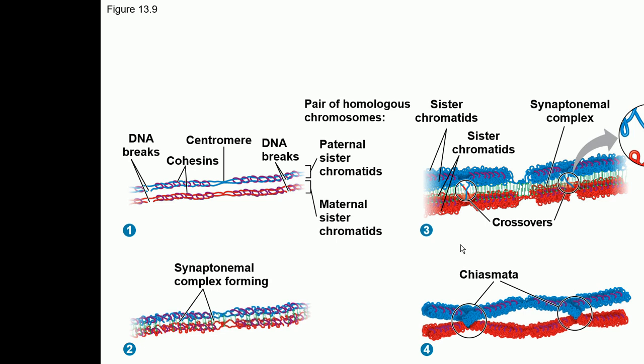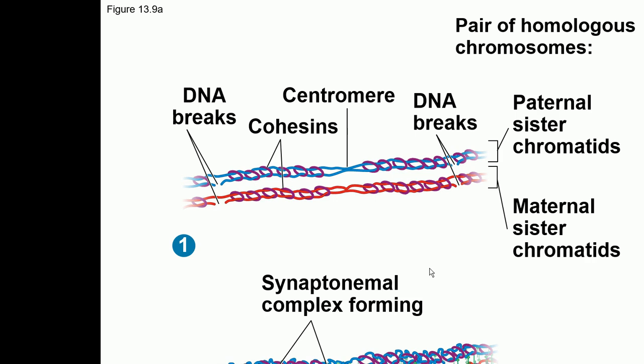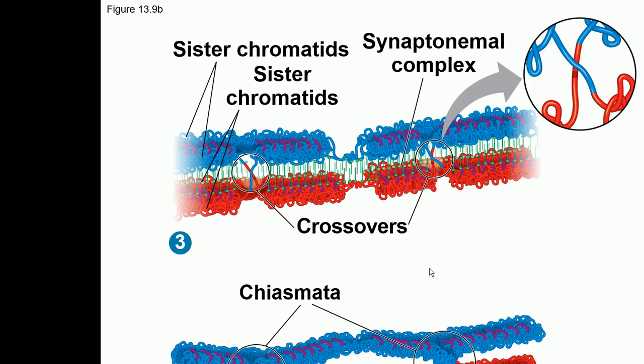And these X-shaped structures which are formed are called chiasmata. And you can see how these chromatids are exchanging genes with each other. This is what is happening during crossing over. So you can see here how this is a blue chromatid, how this is a red chromatid, how they are exchanging genes.